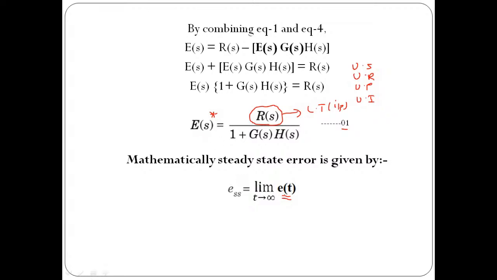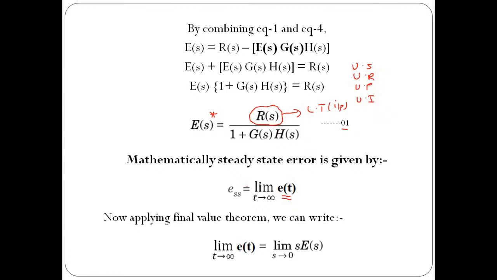So we have applied the concept of the final value theorem to convert this expression into the frequency domain. This is nothing but the application of the final value theorem.